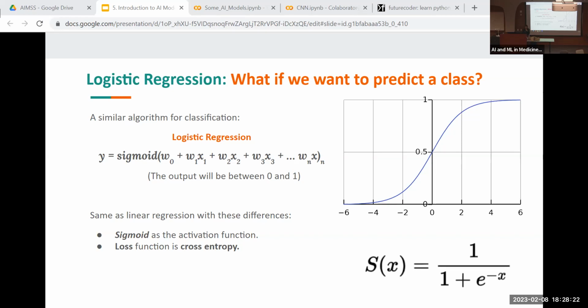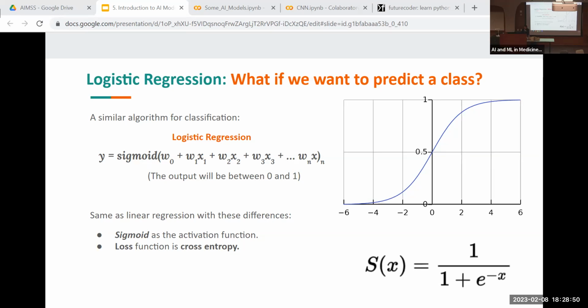What we want is most of the time a value between 0 and 1, which is the probability of that data belonging to the class that we have. So the same idea goes here, except that we use a sigmoid function, which is called an activation function, in order to get the output as a value between 0 and 1.